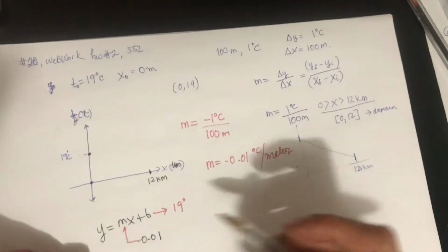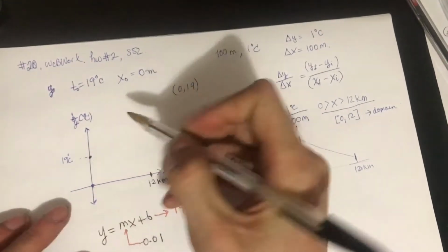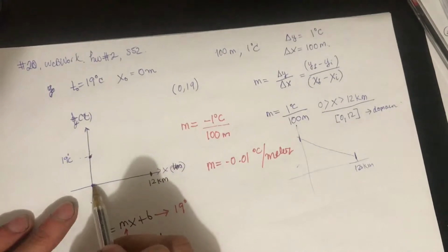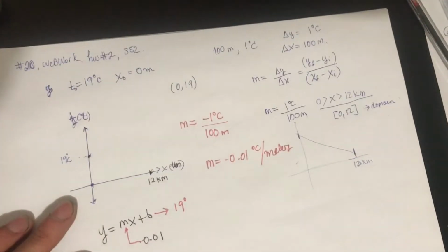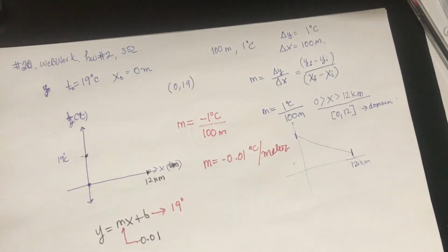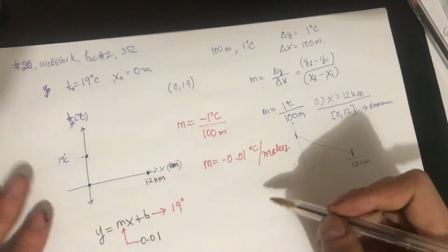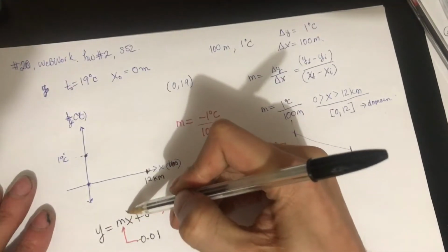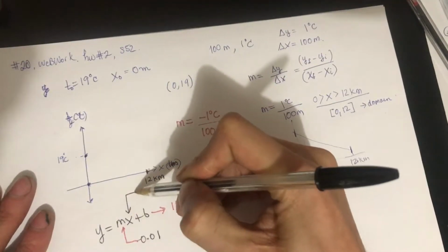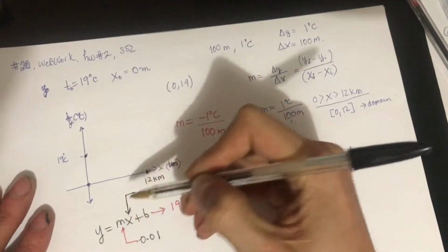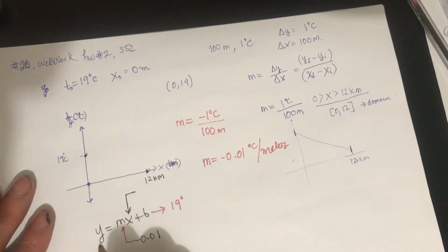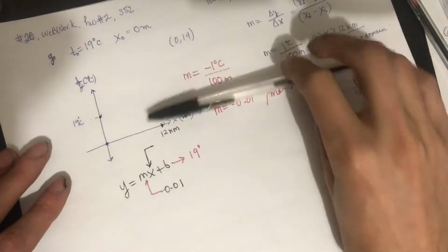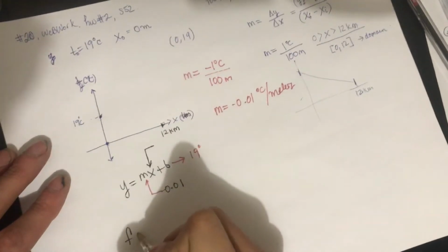right? So if this is 0, at 0 it is 19, what will be my temperature when I am at a height of 12 kilometers? So I can further state that this is an independent variable that will cause y to change, and we call this a function.